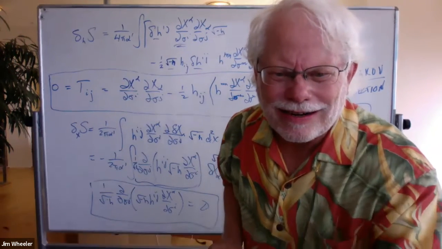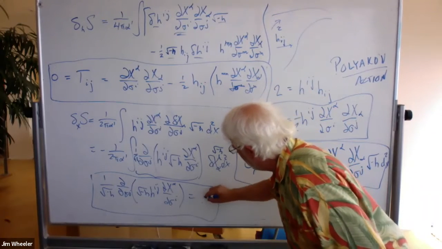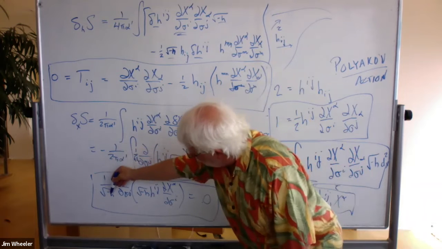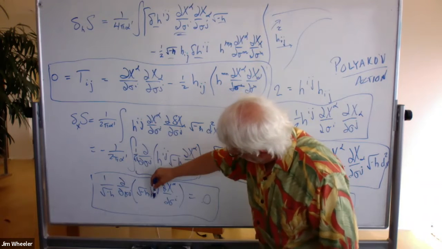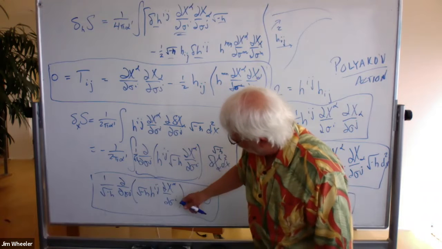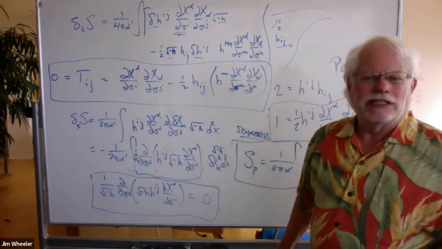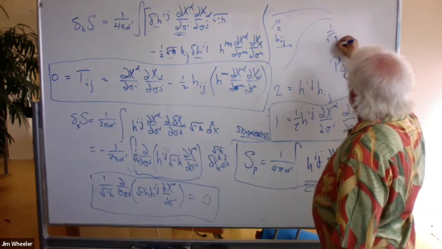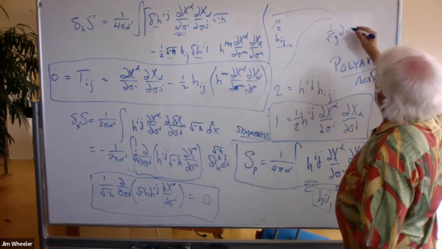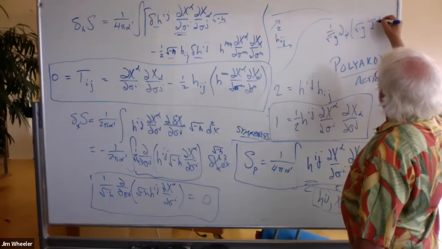Where is it there? Sorry, can you point that out again? My computer froze up for just a second. Yeah, here. Okay. This is 0 here. But okay, 1 over square root determinant, partial derivative of square root determinant times, well, this is just raising that partial to a contravariant vector. Do you recognize the divergence theorem from general relativity? Where you have 1 over root g, partial alpha of root g times some current, say 0.